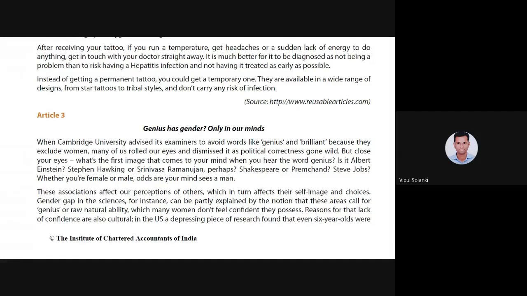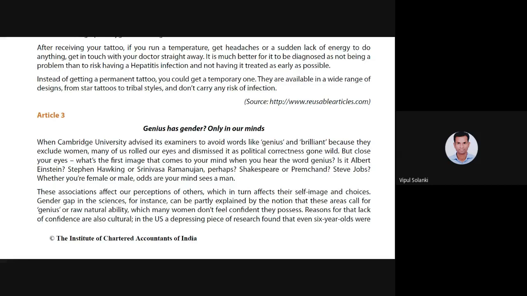Right? All these are men, right? Gender of these people: Albert Einstein was a man, Stephen Hawking a man, Srinivasa Ramanujan, Indian mathematician, a man, Shakespeare, playwright, a man, Premchand, Indian novelist, a man, Steve Jobs, founder of Apple, a man. Right?